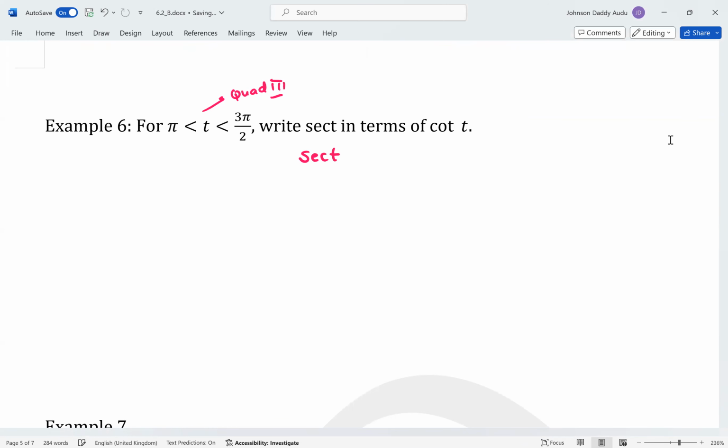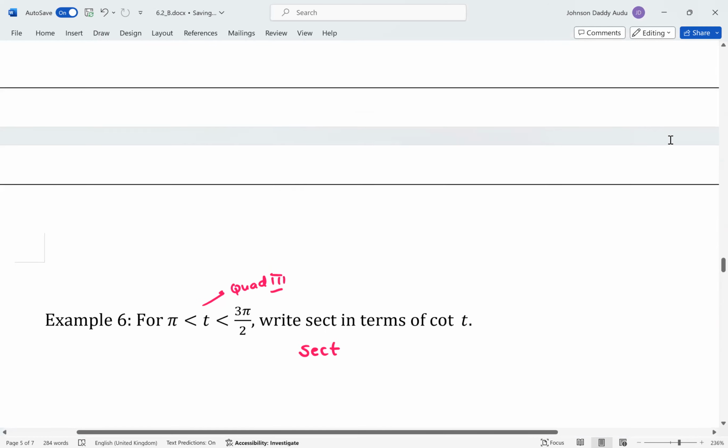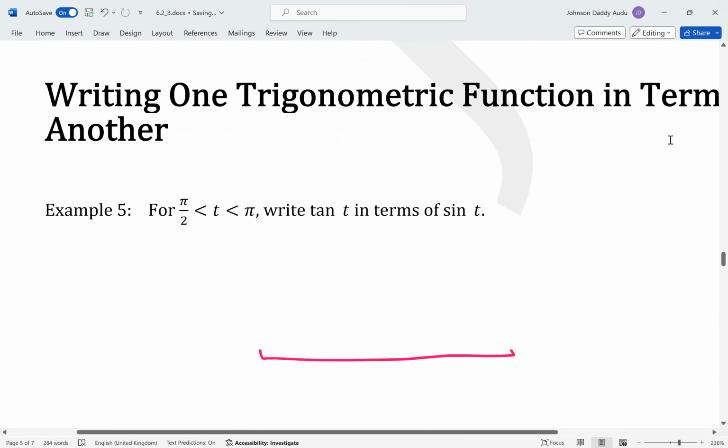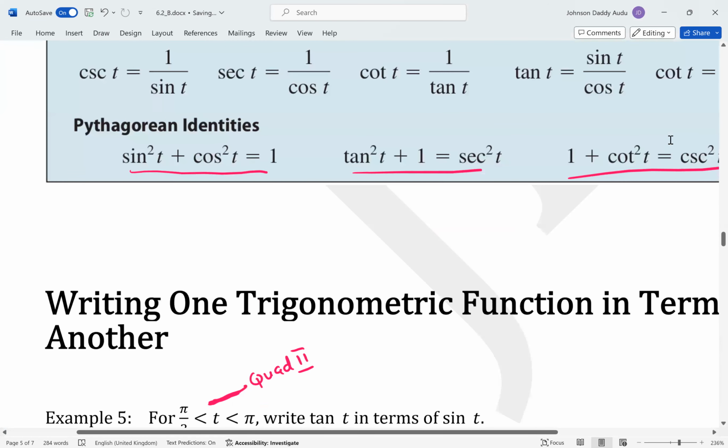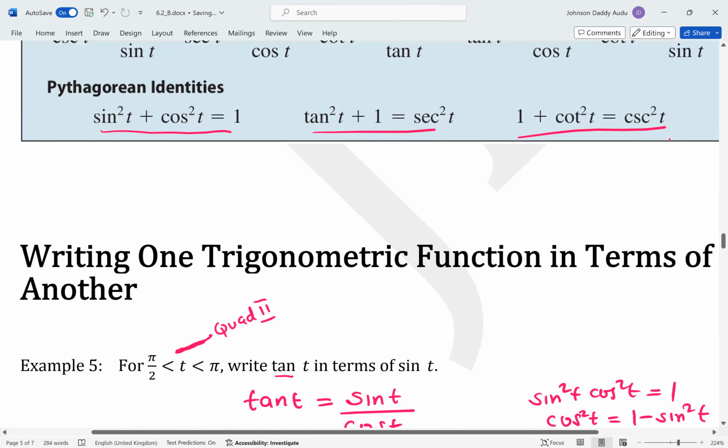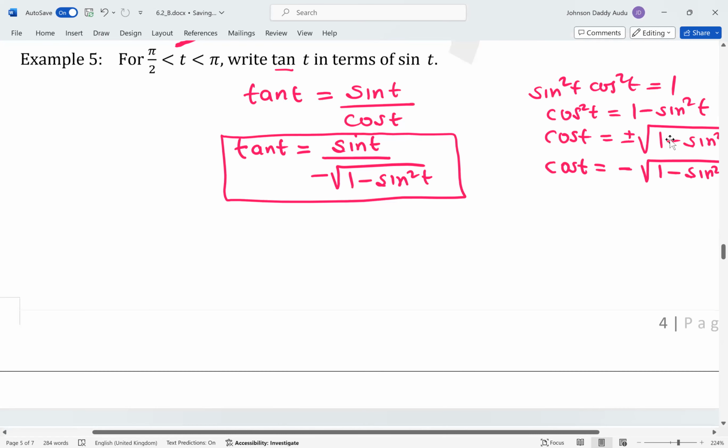Do we have any relationship between sec and cotan? No, not really, but we have a relationship between sec and tan. So this is where we use this identity. We know that tan squared t plus 1 is the same thing as sec squared t.